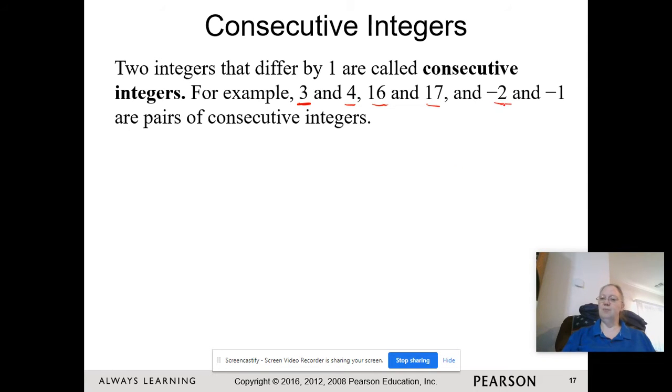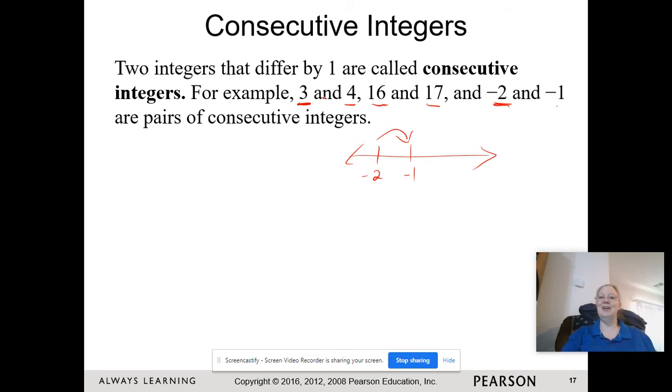Be careful with negative numbers because they are going up by 1. So -2 go up by 1 would be -1. So here is my -2. Here's my -1. So we're always going in that direction for consecutive integers.